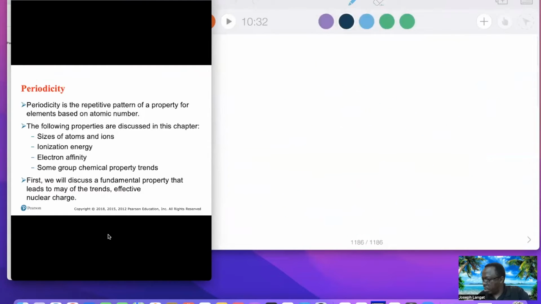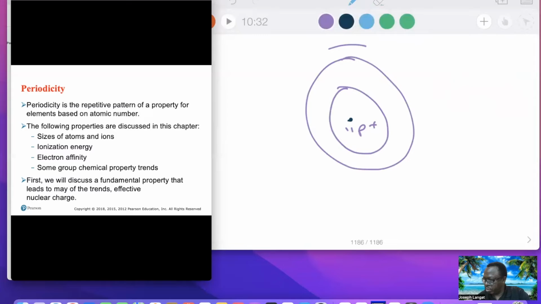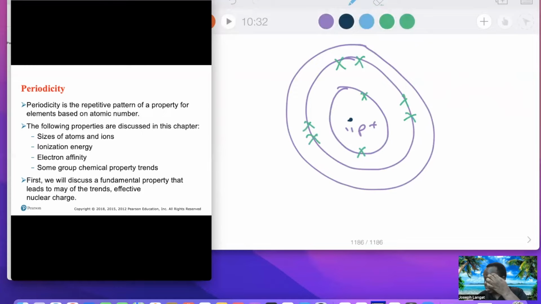Okay, so let's say in sodium we have 11 protons in the nucleus, and if we write the electron configuration for sodium, we have 2 electrons, 6 electrons, that give you 8, then 2 more, 10, and then we have 1 electron.